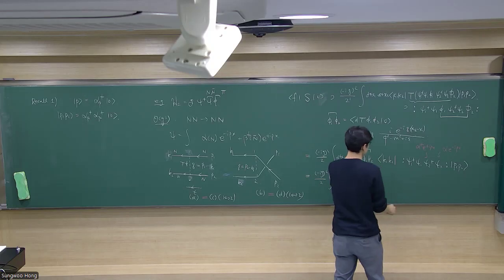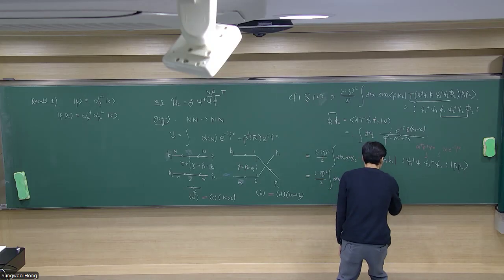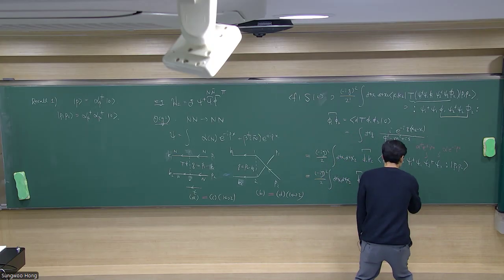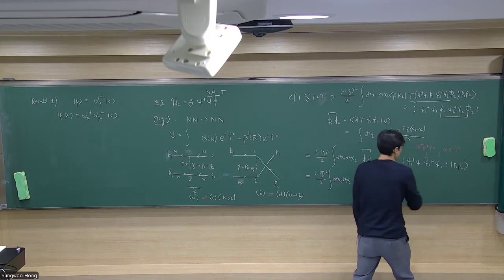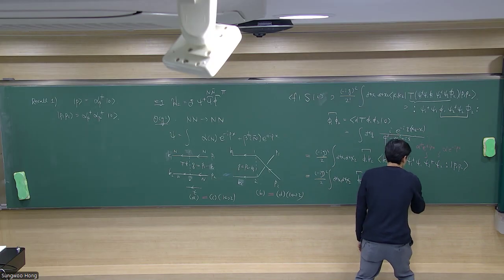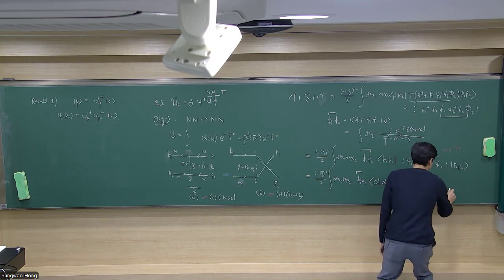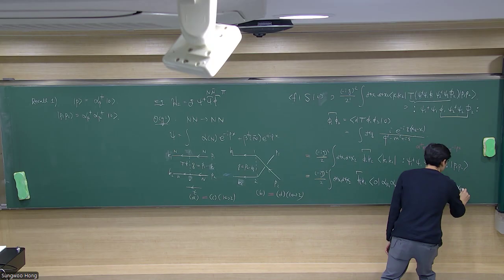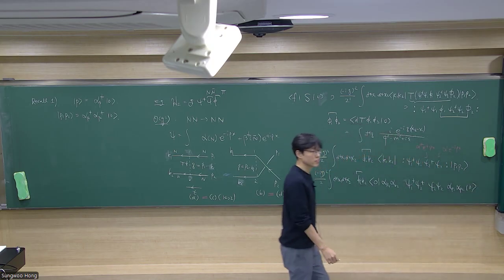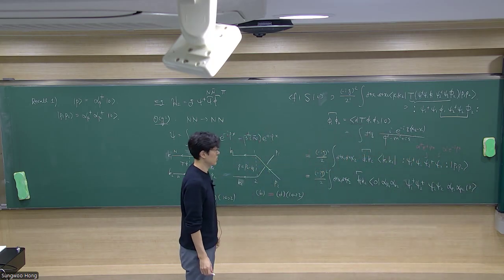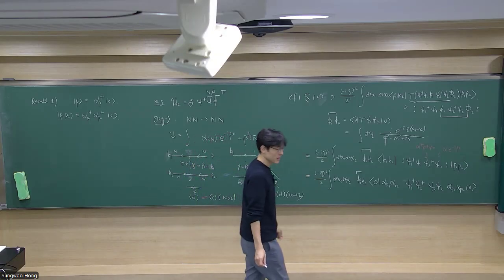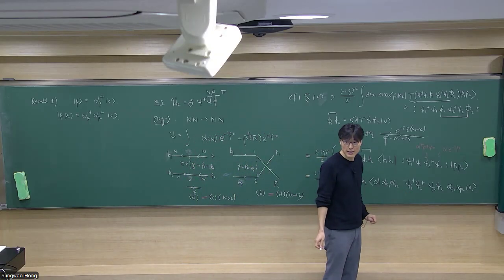So vacuum, and then this is alpha k1, alpha k2, so that's from this. And then I need to normal order, so I'm just literally going to do the normal ordering. So I have to do alpha P1 dagger, alpha P2 dagger, alpha p1, alpha p2, vacuum. Did I flip the order? No, I did it right. Good? Are you with me? I actually did the normal ordering, because I know what it is.